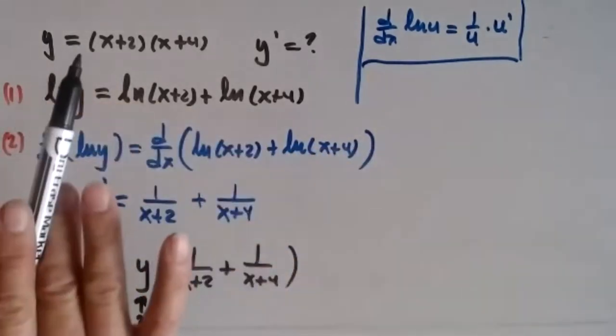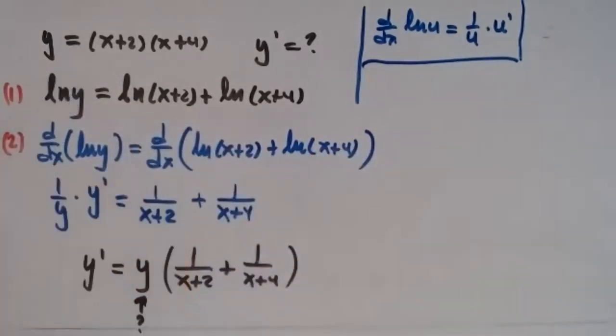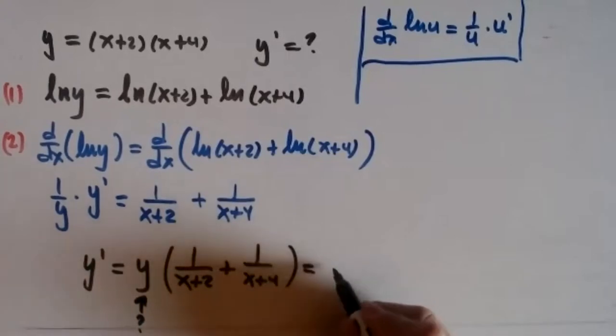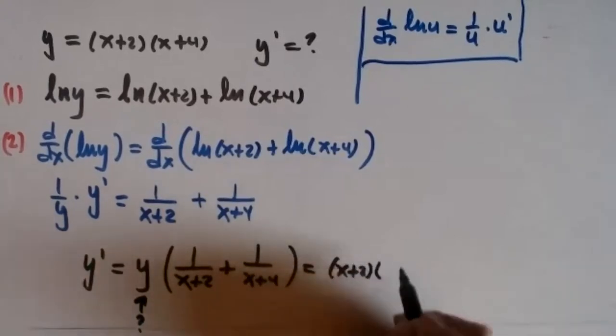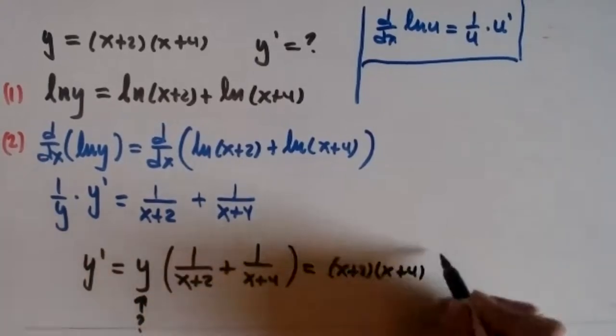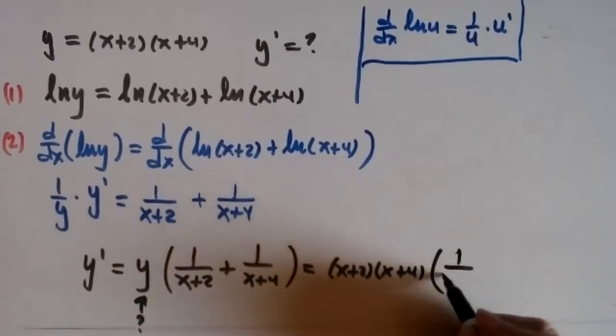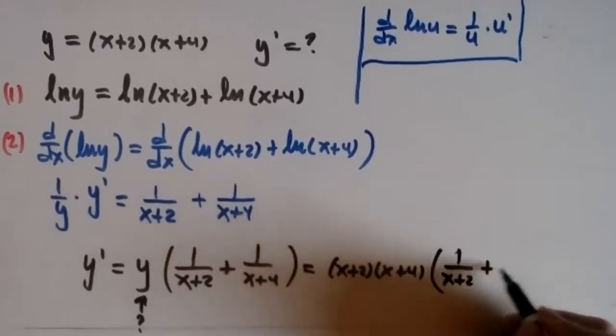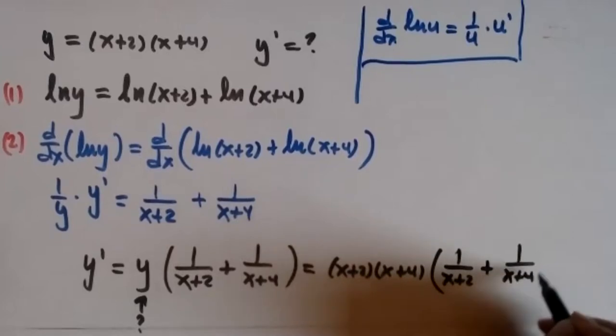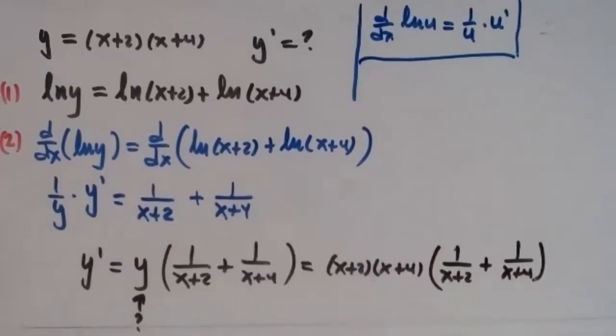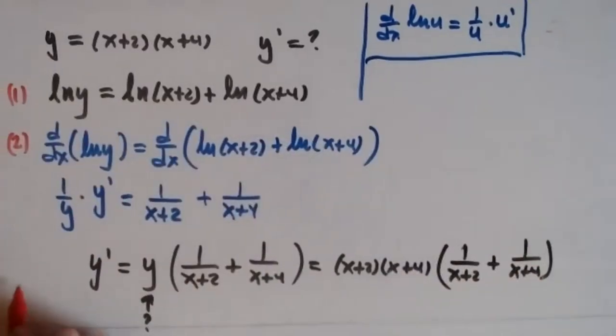So what I'm going to do is x plus 2 times x plus 4, parentheses, 1 over x plus 2 plus 1 over x plus 4, right? So that's step 1, step 2, and this is step 3.